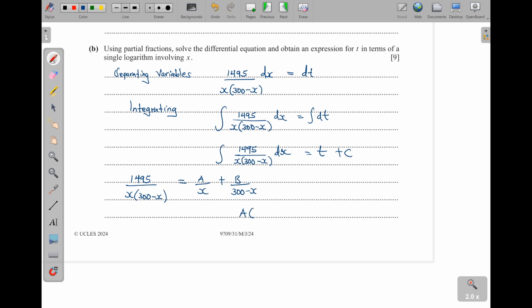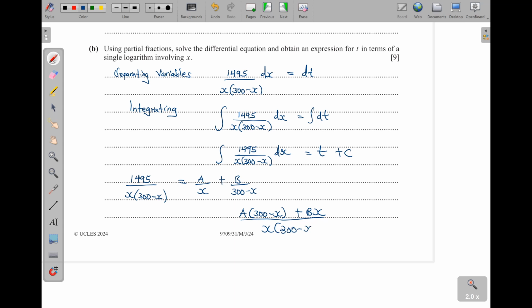So that means we shall have a times the 300 minus x, plus this LCM divided by this, that one will go, and we remain with this x now times the b. So we shall have b times the x. Down here, I'm having that as the LCM.